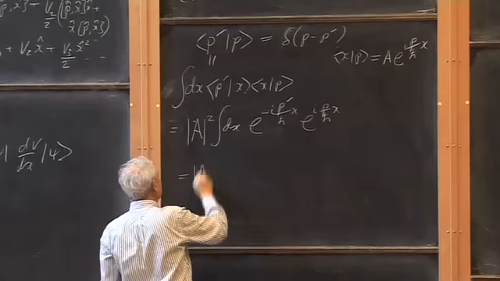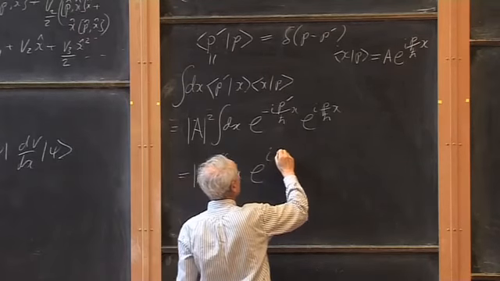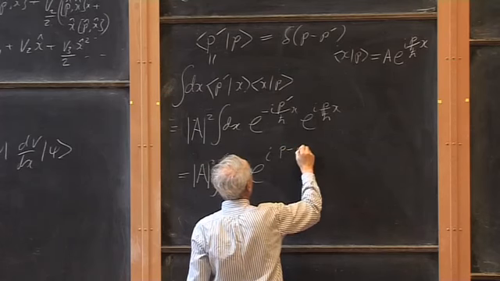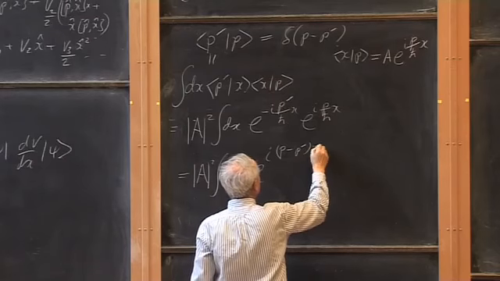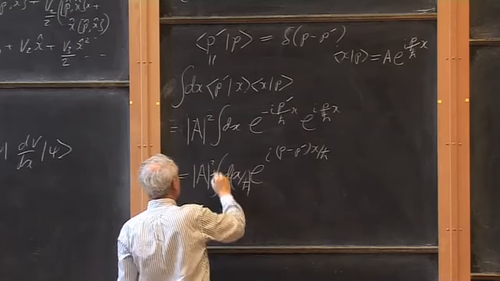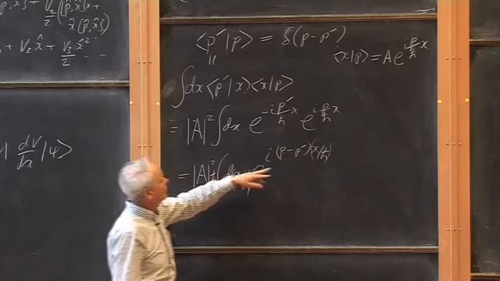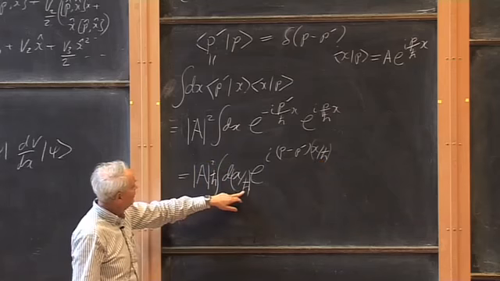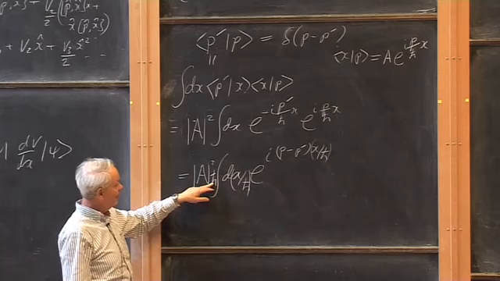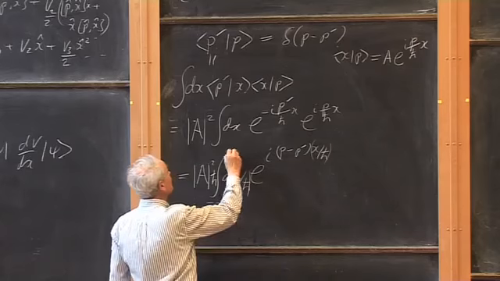That can be written, just to clean it up a little bit, as the integral of e to the i (p minus p primed) x over h bar, dx over h bar, times h bar. All right, so this h bar was always present. This one I've put in, I've divided the x by h bar and multiplied by a compensating h bar here, so the variable of integration is now x over h bar, which is still running from minus infinity to plus infinity.